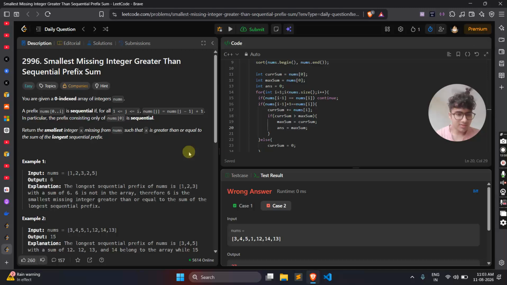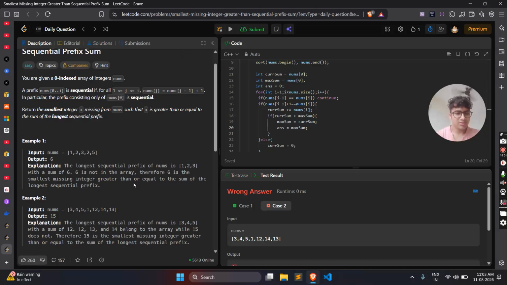So the longest sequential prefix of nums is 1, 2, 3, right? And in the other case, the longest prefix of nums is 3, 4, 5. Got it. That is 3 plus 4 is 7, 7 plus 5 is 12, with a sum of 12. Now they say 12 is present, 13 is present, 14 is present.